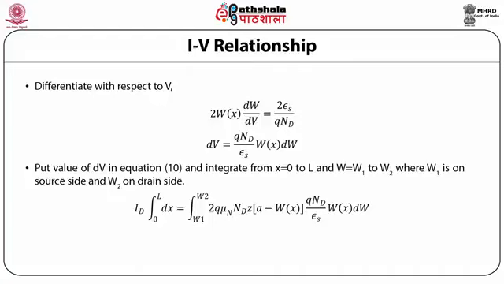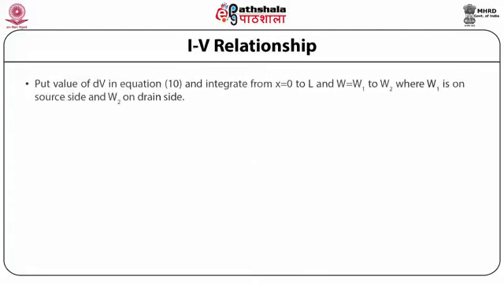So finally we get ID equal to q square mu n Nd square Z by epsilon S L multiplied by [A (W2 square minus W1 square) minus 2 (W2 cube minus W1 cube) divided by 3].